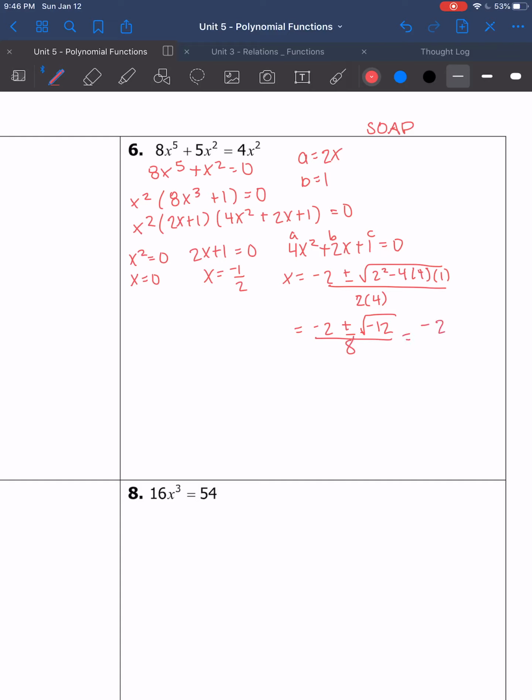This simplifies to 2 plus or minus, 12 breaks into 4 and 3, so 2i square root of 3 over 8. You can Mickey Mouse them. They're all divisible by 2, so you get 1 plus or minus i square root of 3 over 4. So my solutions or zeros are 0, negative 1/2, and 1 plus or minus i square root of 3 over 4.